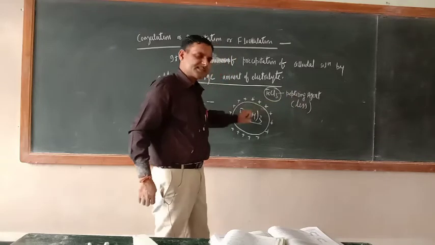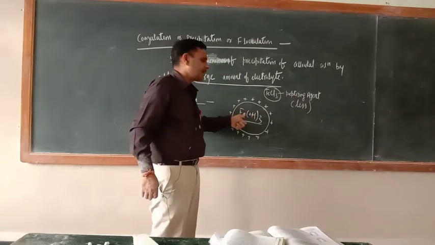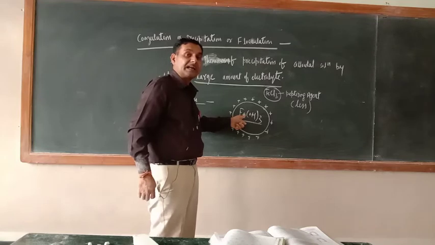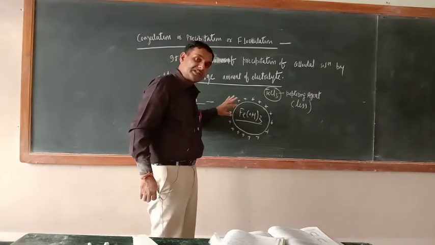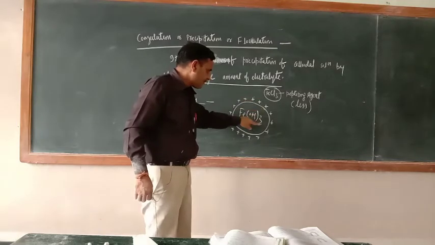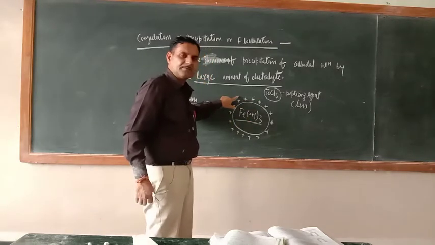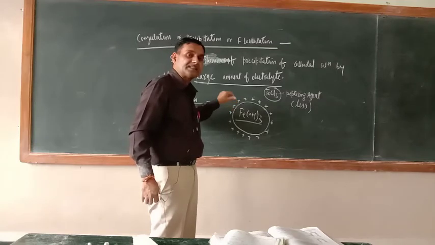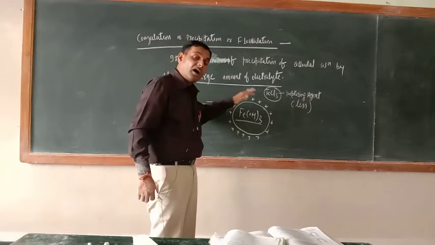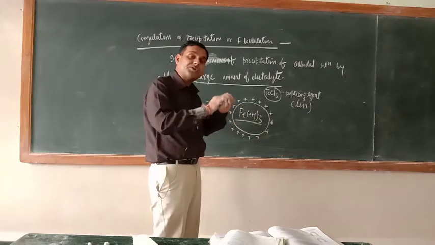Now all the colloidal particles of iron hydroxide will have this charge only, means at their surface Fe3 positive charge is adsorbed. Now all colloidal particles will have positive charge only.